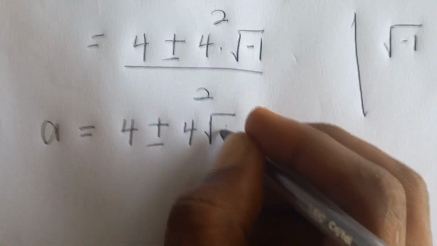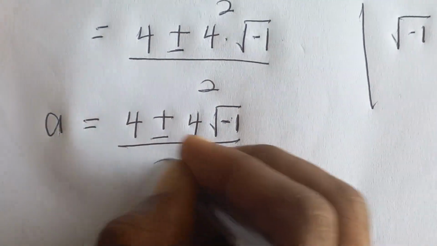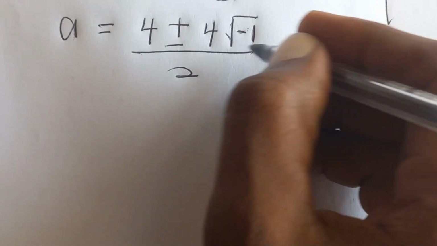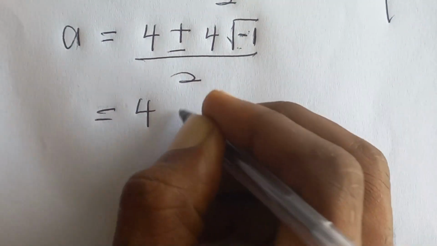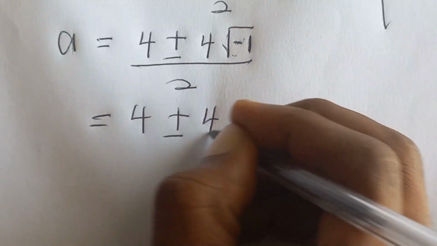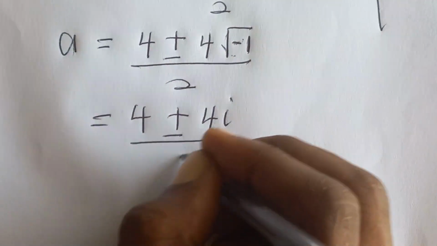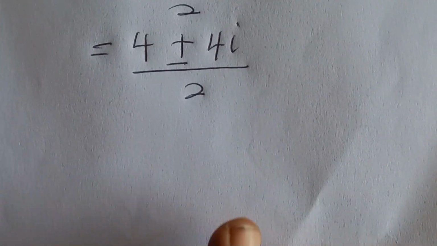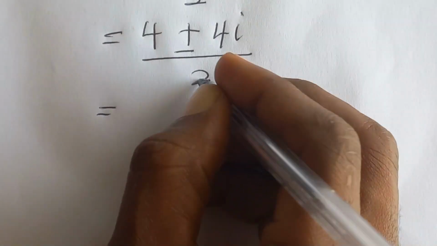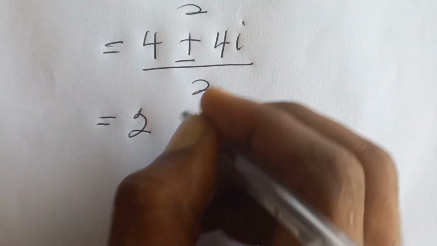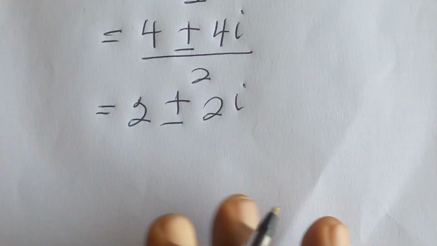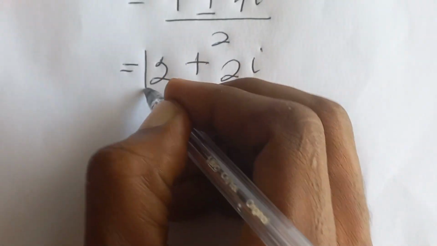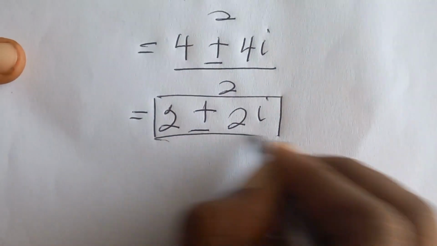So to replace root -1 with i, we are going to get 4 plus or minus 4i on 2. Okay, so 2 goes into 4 two times, plus or minus 2i. So this is our answer for case 2.